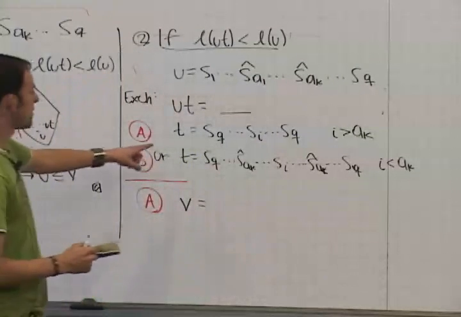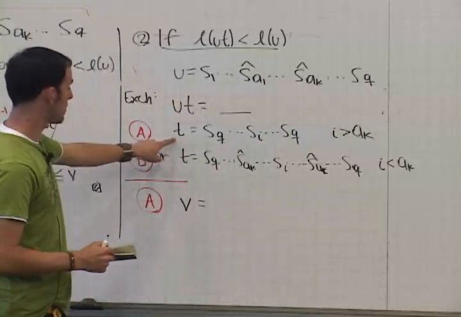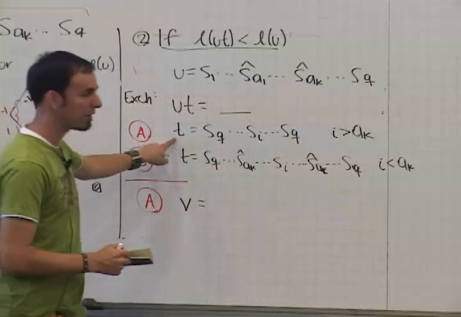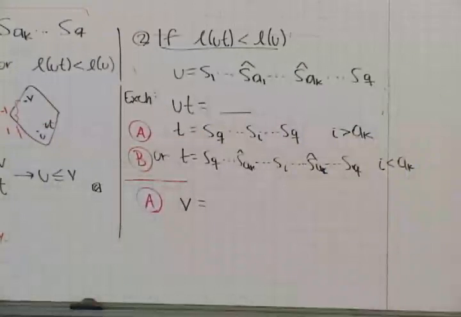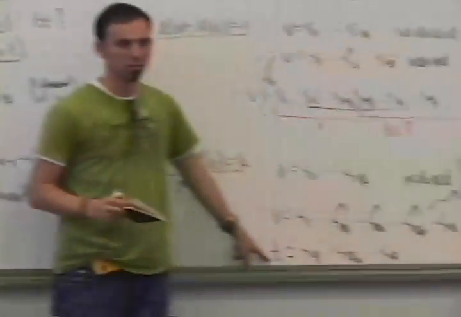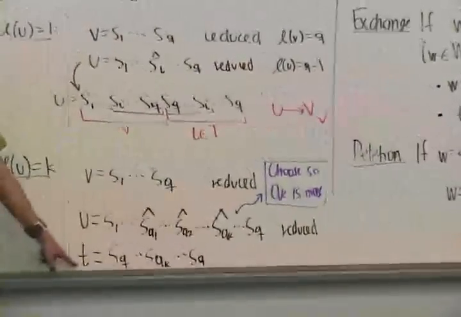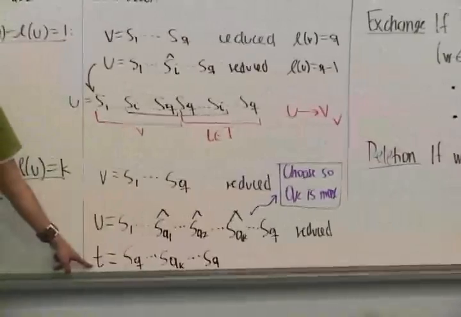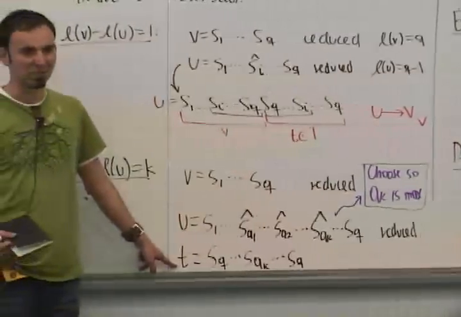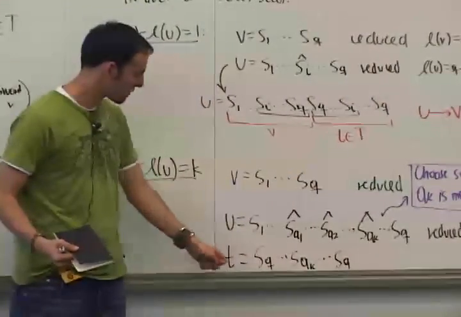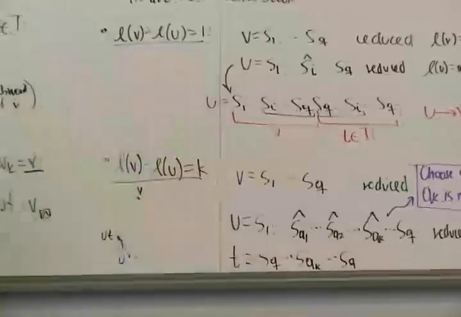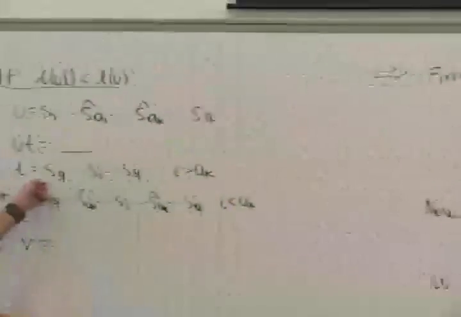The point is that I have an expression for T, and I have a different expression for T. And in an exercise in the forum, you prove that this can't happen. Okay. But if you didn't look at the forum, how do you prove that you cannot have two different expressions for T of this form?